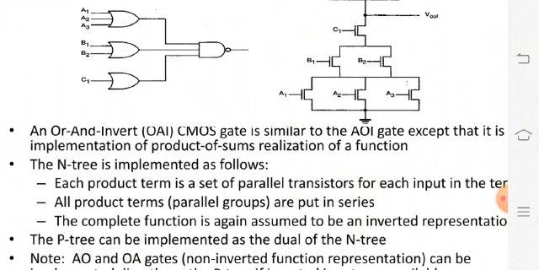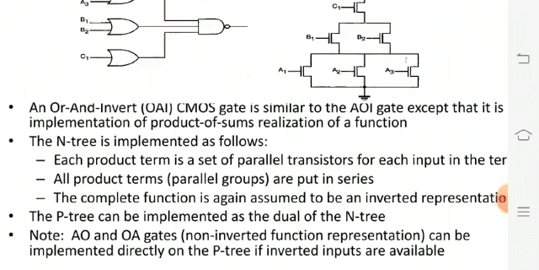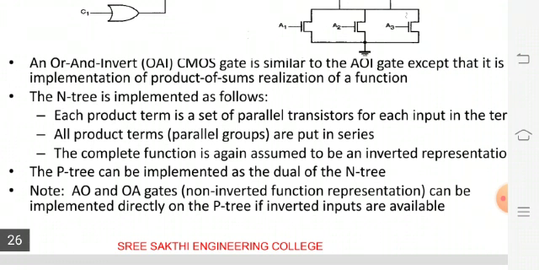All sum terms are put in series. The complete function is again assumed to be an inverted representation. So for AO and OA gates, non-inverted function representation can be implemented directly on the P tree if inverted inputs are available. Thank you.